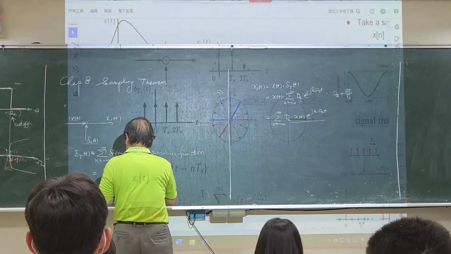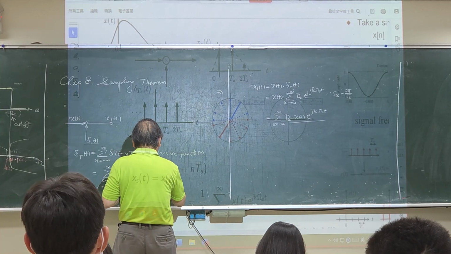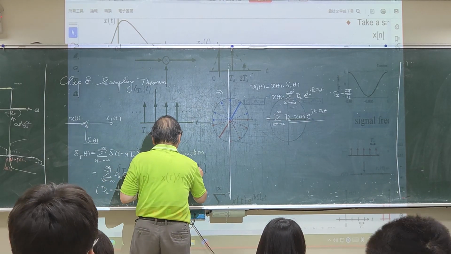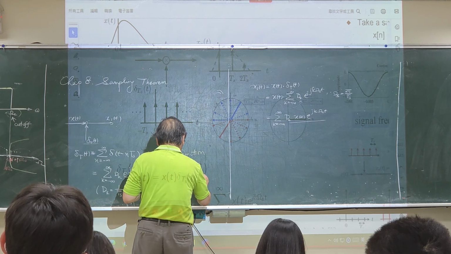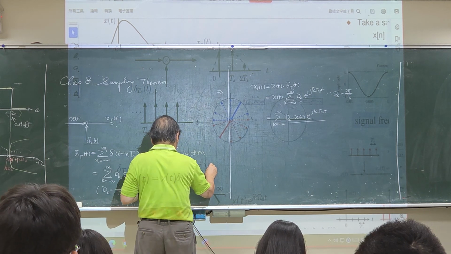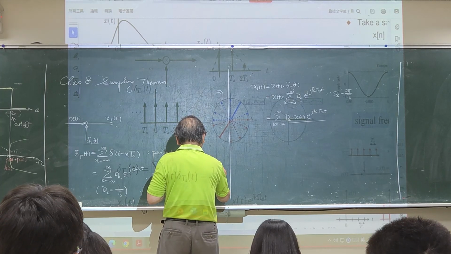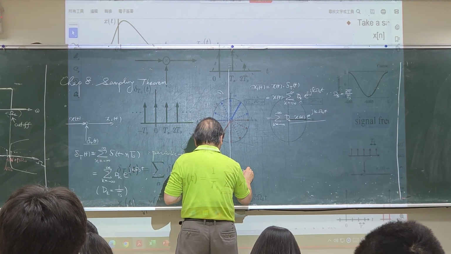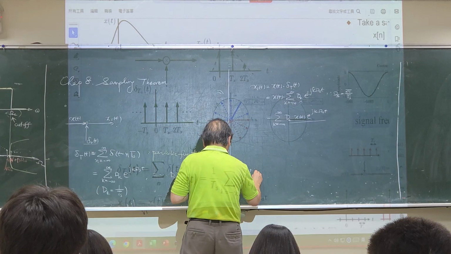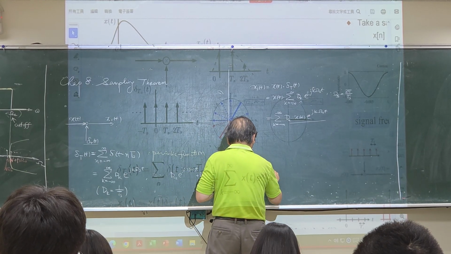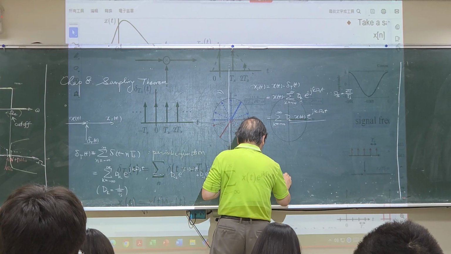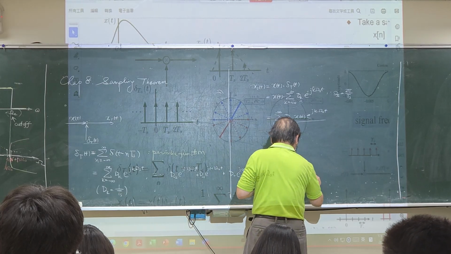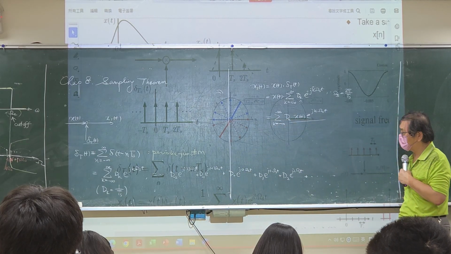Okay, so this is equal to e to the j minus 2 omega s t, and then e to the j minus 1 omega s t, and then e sub 0, that's the image series. Okay?